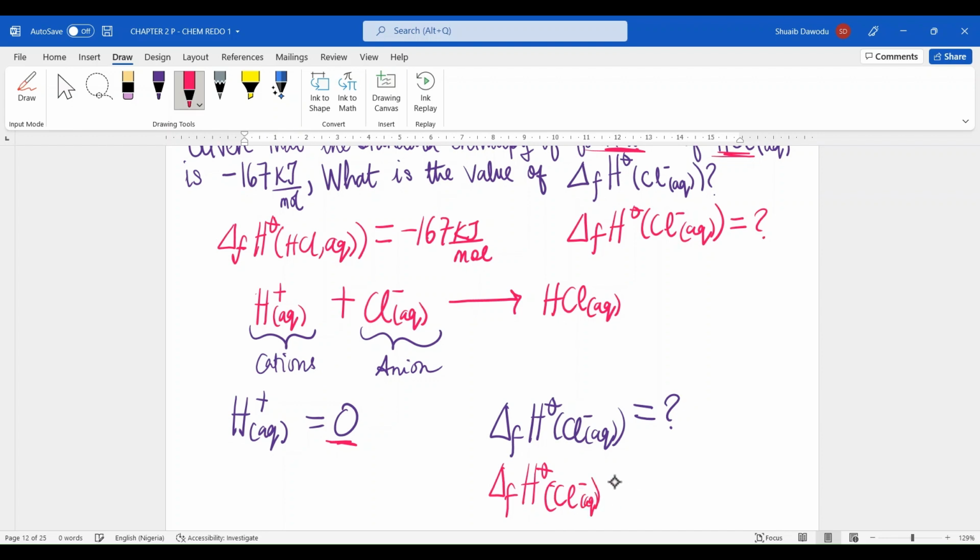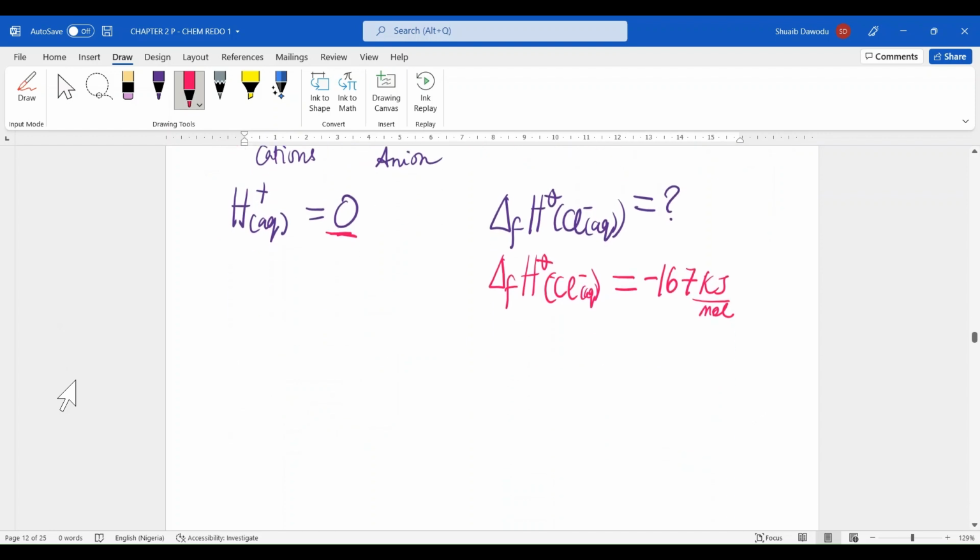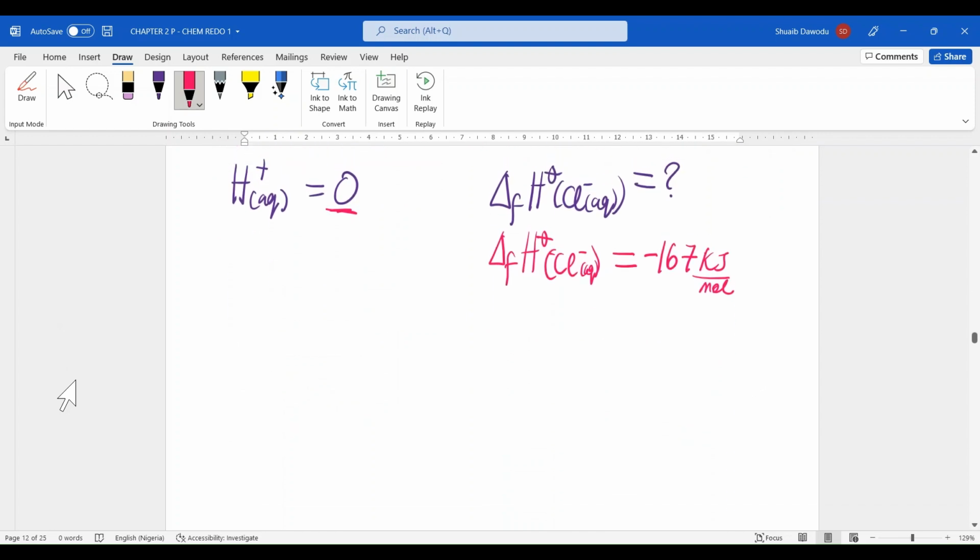So this makes our standard enthalpy of formation for chlorine ion the same as the standard enthalpy for the HCl, negative 167 kilojoule per mole. That's how we do it. There is no calculation, there's just an understanding of concepts.